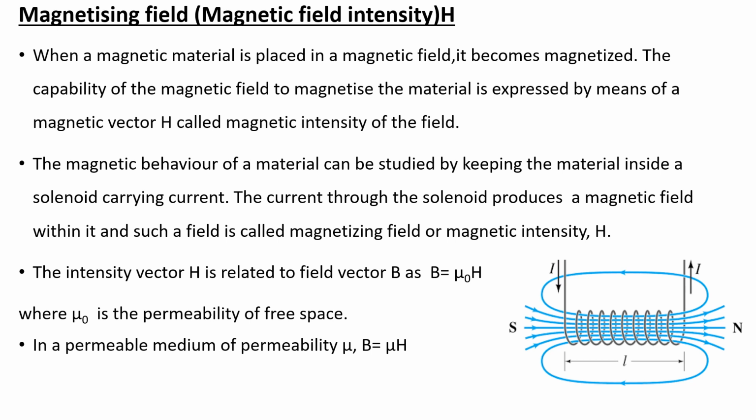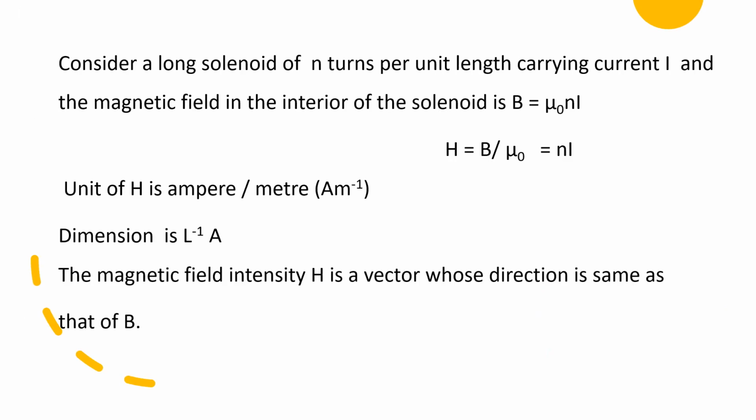The permeability means the ability of a material to pass the magnetic field lines through it. We are considering the permeability of free space as mu 0, then B is equal to mu 0 H. If we consider, instead of free space, a medium having permeability mu, then B will be equal to mu H. And we consider a long solenoid of n number of turns per unit length carrying a current I, and the magnetic field in the interior of the solenoid is B equal to mu 0 nI.